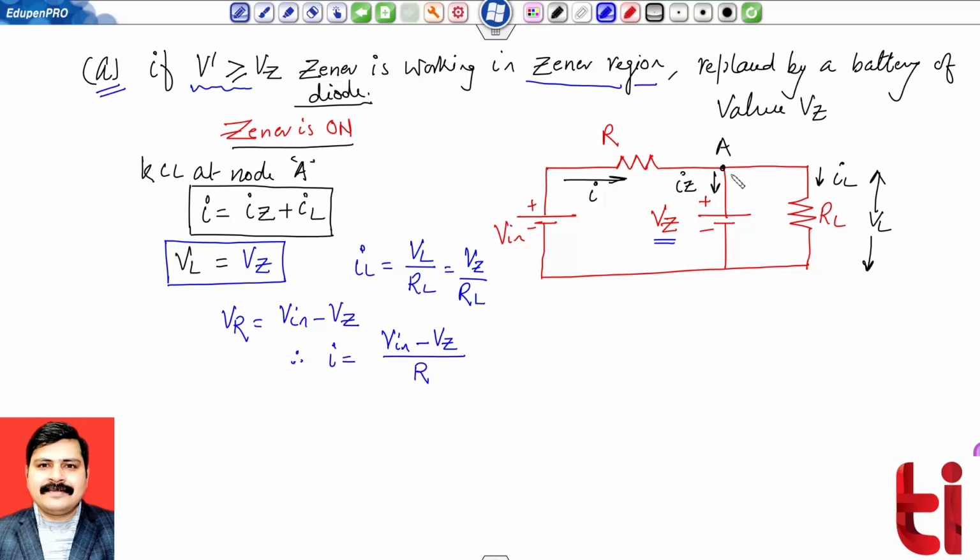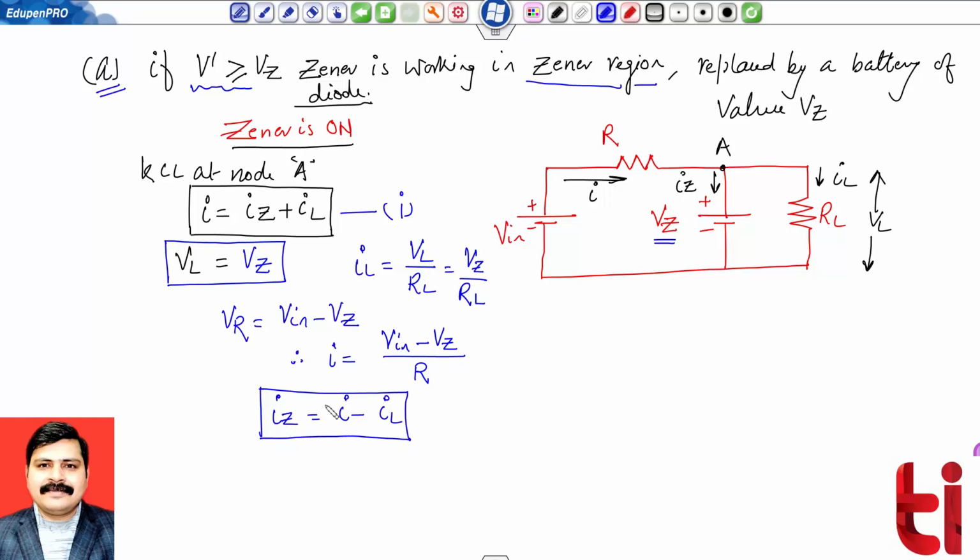Now I can easily calculate the current flowing through the Zener diode IZ from this relation, suppose this is relation number 1. My current IZ equals current I minus current IL. I have already calculated these two components.